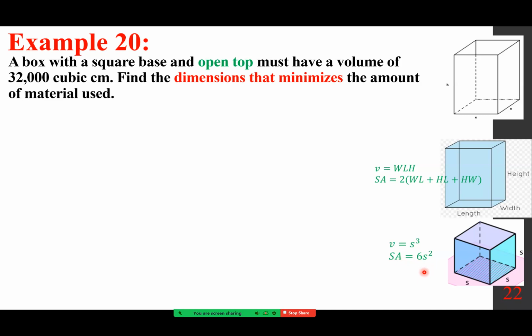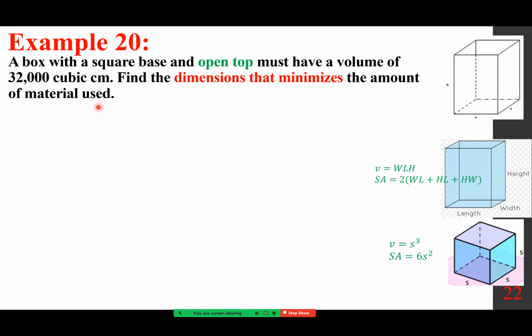So in this case, to find the dimensions where the amount of material used is least, we want to minimize the surface area.